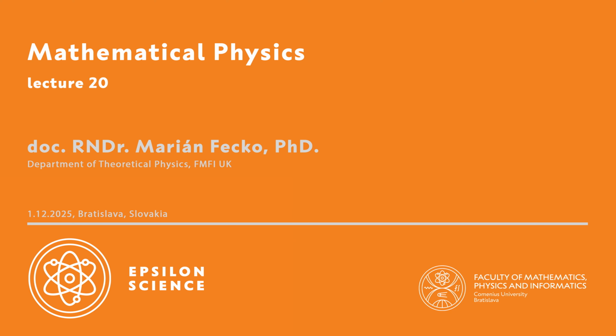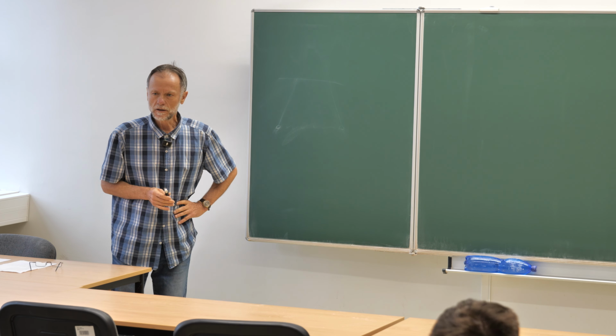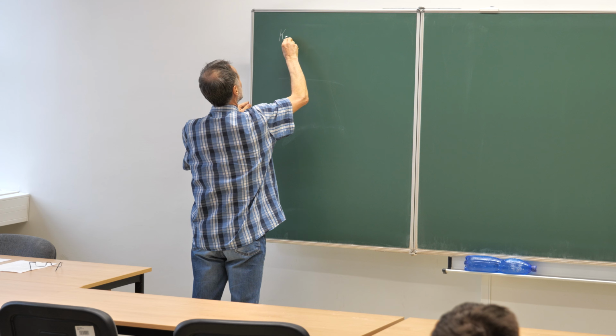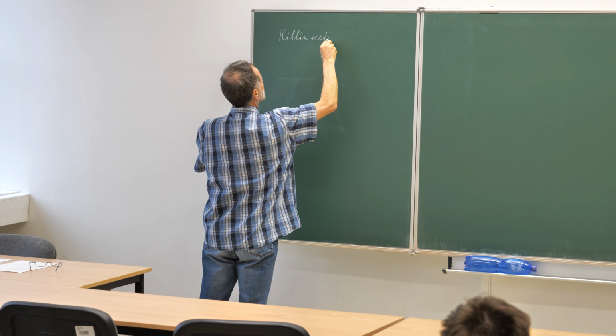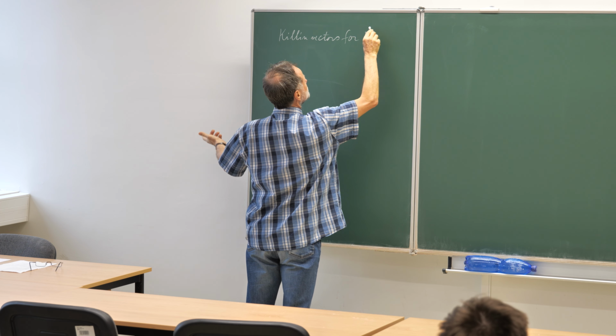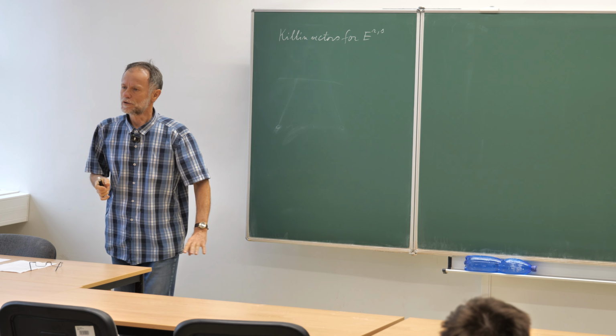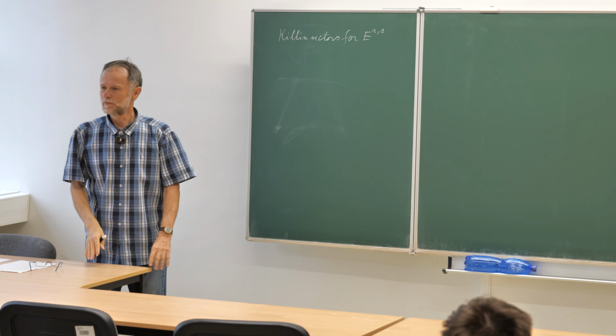So we may start the next lecture, and in the beginning I will finish the computation which I started already in the last lecture, trying to find Killing vectors for E_{r,s}, that generalization of Minkowski space, where eta_ij is the r by r identity matrix here, and minus the s by s identity matrix here on the right hand side.